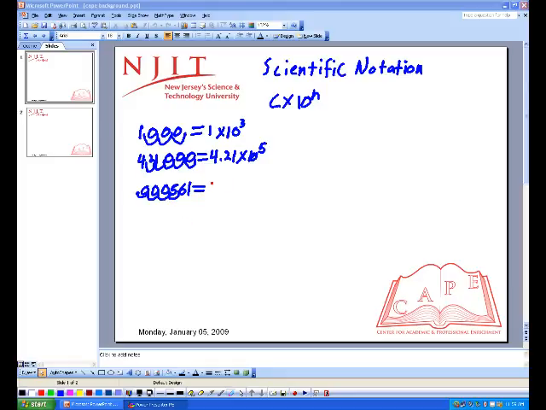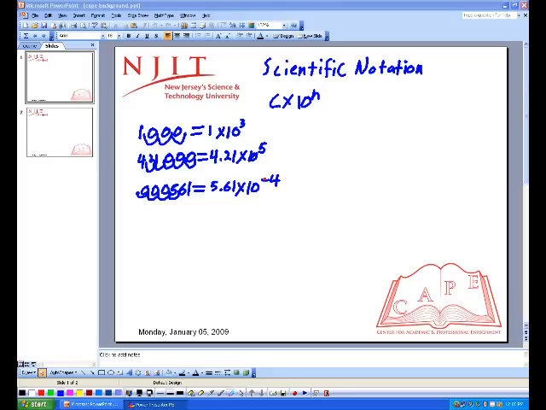So that's going to equal 5.61 times 10 to the negative 4th. If our decimal point moves to the left to reach the base, then the exponent will always be positive. If it moves to the right, then the exponent will always be negative.